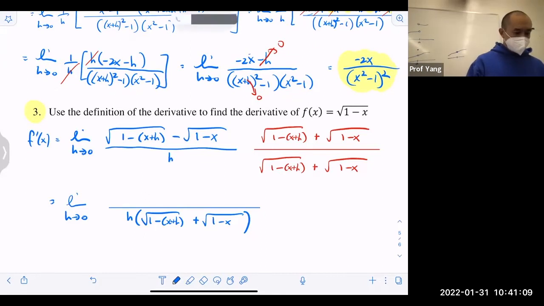So let's do this. When you take this term times this term, this is the first. What are you going to get? You're just going to get 1 minus x plus h. When you take this term times this term, that's the outside.